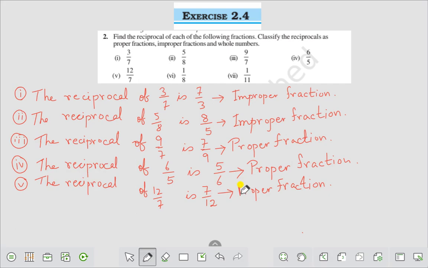Right? Now question number 6 is the reciprocal of 1 by 8.